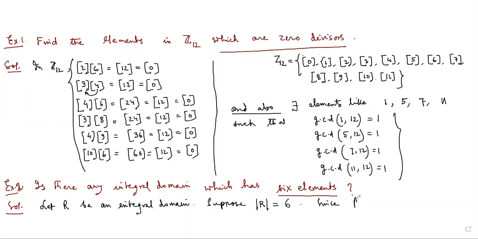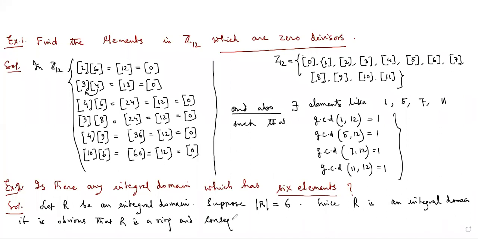Since R is an integral domain, it is obvious that R is a ring, and consequently (R, +) is a group, and also abelian.